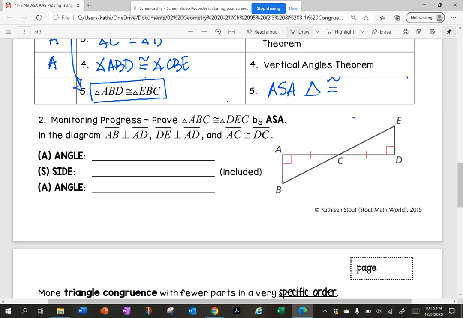Okay, let's check. In the diagram here, I am told that AB is perpendicular to segment AD, and segment DE is perpendicular to segment AD. And segment AC is congruent to segment DC.